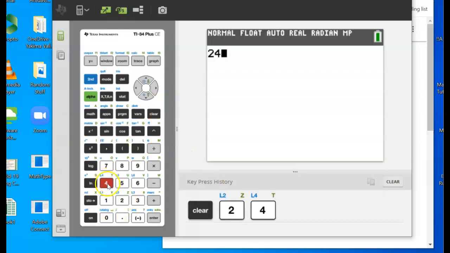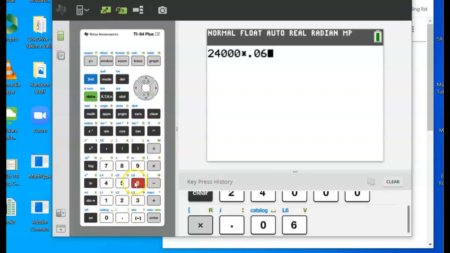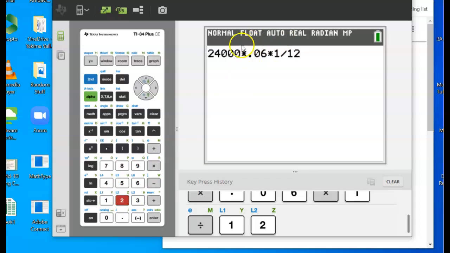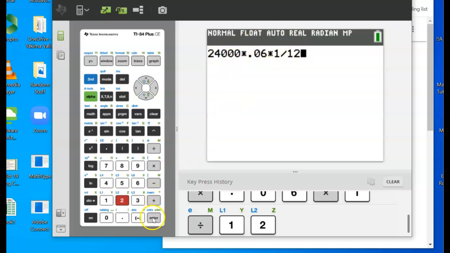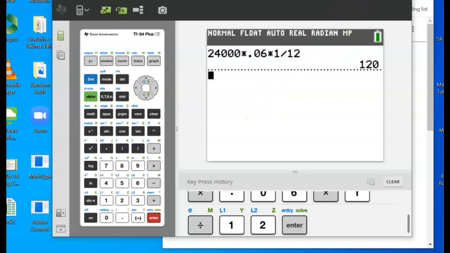That was $24,000 at 6%, 0.06 for 1/12 of a year. So I can just put that in as 1 divided by 12. This is a scientific calculator, so that order is going to work, and so it's $120 in interest. That is interest alone in, remember, 1/12 of a year. That's our period, is 1/12 of a year. That's how much time we have.